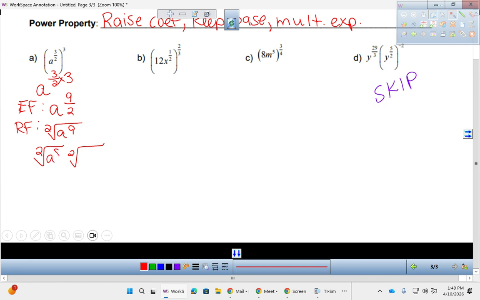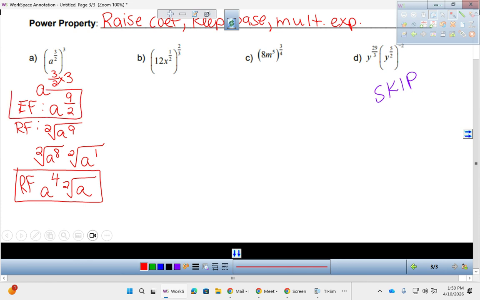So I'm going to use the one right before that, which is 8. And then this one will have to be a 1, so I keep that value of 9. 8 divided by 2 is 4. We just can't forget about the A. And when the inside's smaller than the outside, we leave that part alone. I'm just not going to write the 1. So this is called radical form. This is called exponential form.